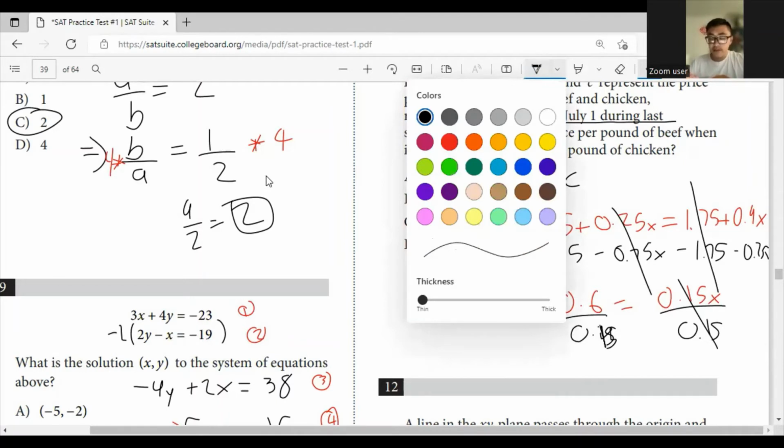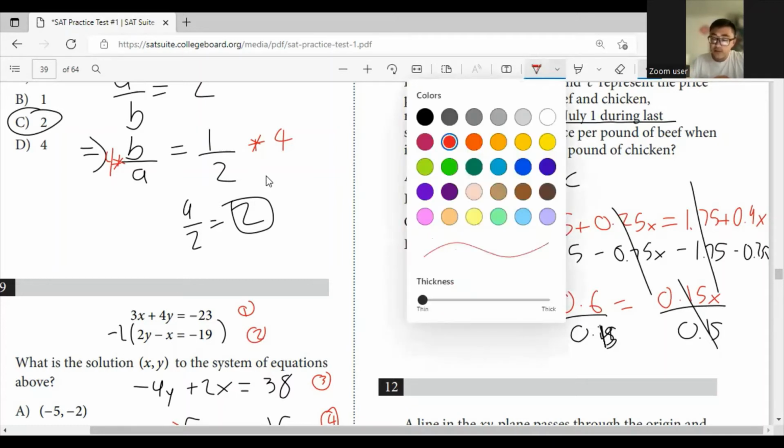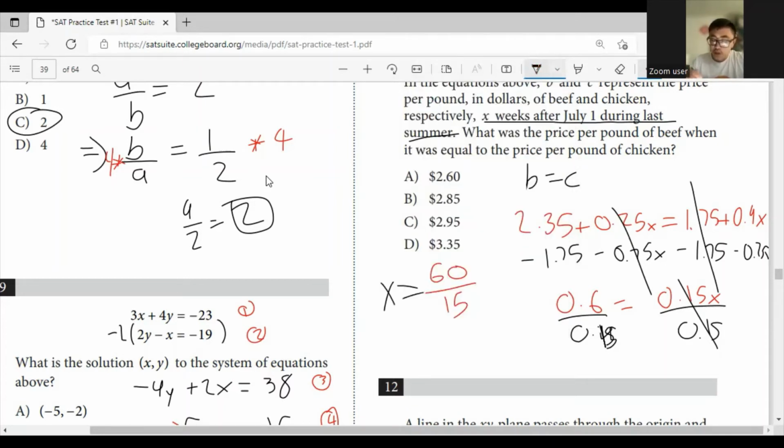This is kind of the same thing as saying 60 divided by 15. It's the same exact proportion. I just multiplied this by 100 over 100, so I'm not doing anything different. And this proportion will be equal to that proportion. So x is equal to 60 divided by 15, which is 4.